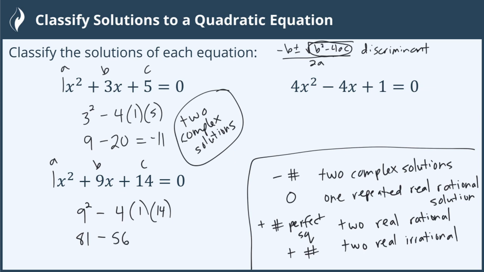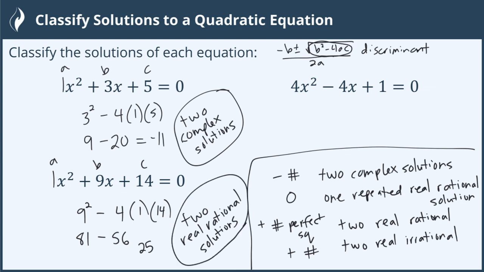And then we do 81 minus 56, and that is 25. And 25 is a positive number, and it's a perfect square. So on this one, we will have 2 real rational solutions. And it's rational because we can take the square root of 25, so we won't have any square roots left. If we have a square root left, that's where the irrational comes in.